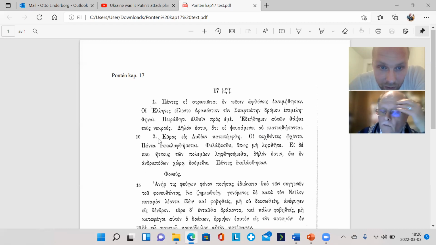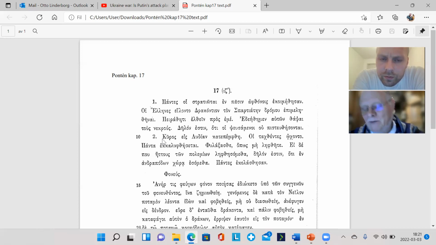Mm. Okay. Yes. So the second one. Cyrus. Now it looks like a straight aorist passive. I must admit I have difficulty differentiating the futures. So Cyrus was sent down into Lydia. Exactly.